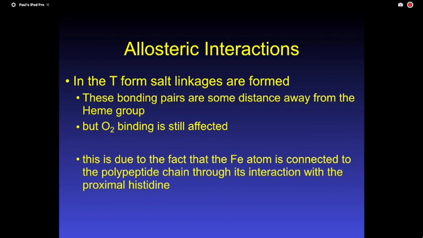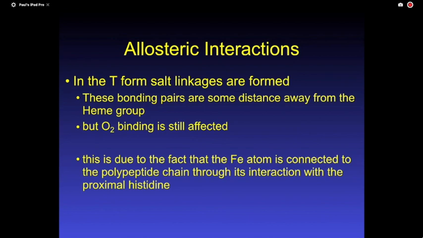Now, these salt bridges are very far away from the heme, where oxygen is actually bound. But these bonds that are very far away affect the heme and its ability to bind oxygen because the heme is connected to histidine, the histidine is connected to the F helix, and the F helix is connected to everything around.